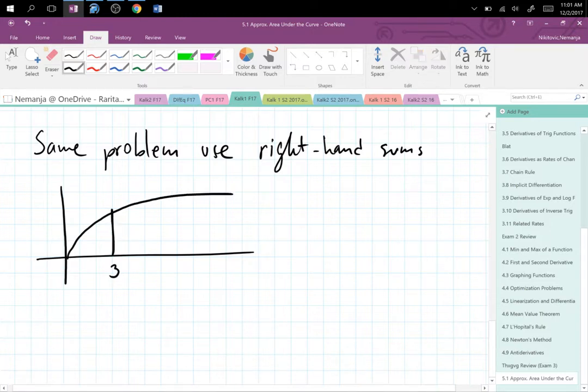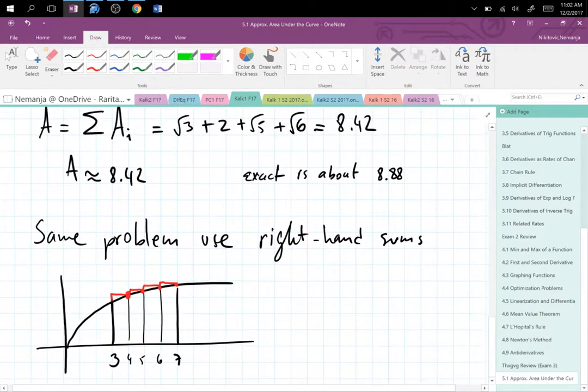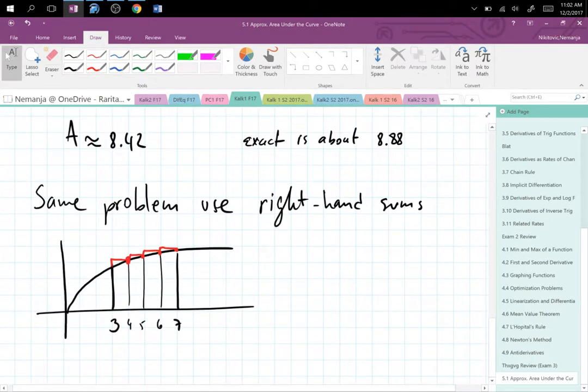This is 3, 7. And now for the right sums, we go to the first rectangle and go to the right side and draw the rectangle. So now you should be expecting your answer to be more than 8.88.